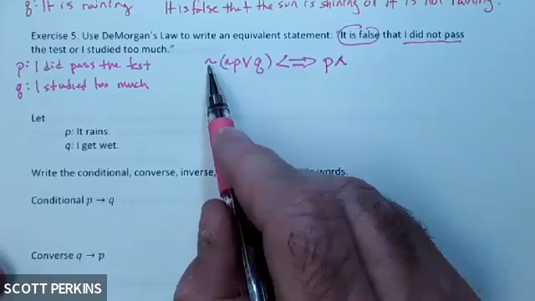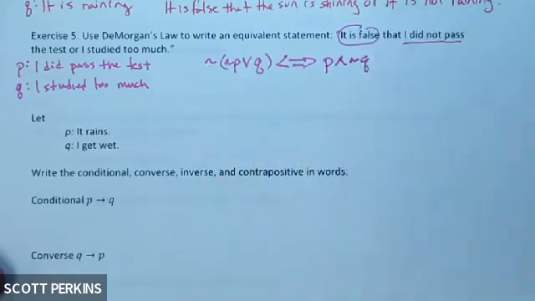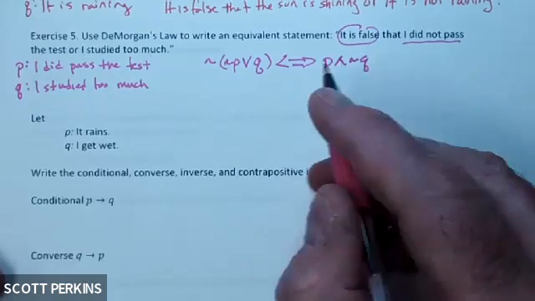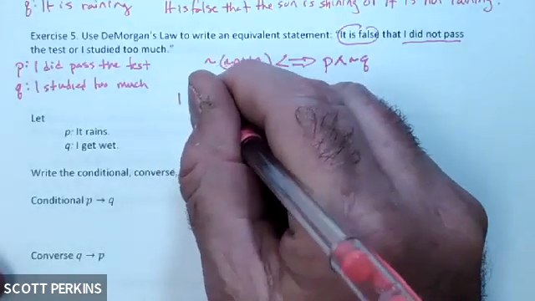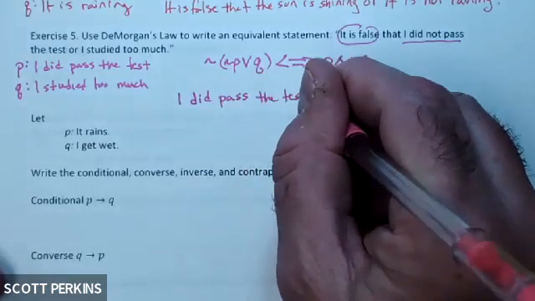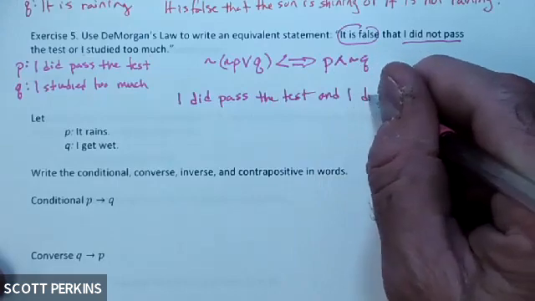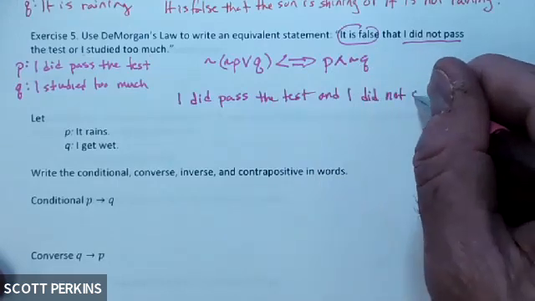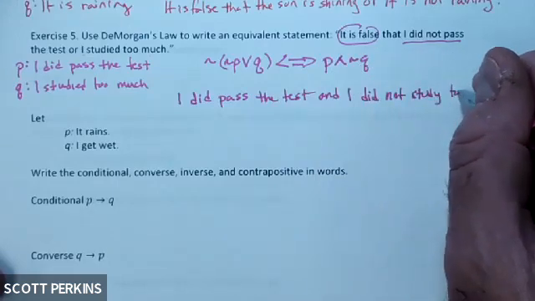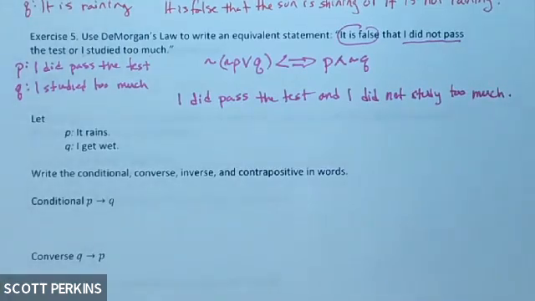And then I'm going to have a negative times Q. That's a negative Q. And now I will end the problem by writing that in words. So it starts off with P, I did pass the test, and I did not study too much. And there it is.